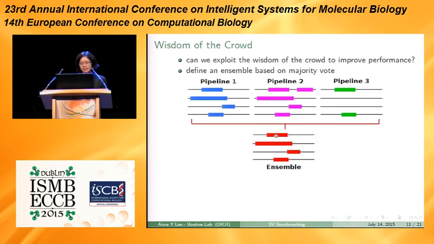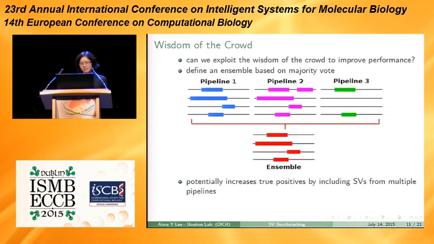So this SV region is covered by all 3 pipelines here, and so it's included in the ensemble set. This one is only covered by 2, but that's still a majority, so it's also included. This region is only identified by pipeline 2, and therefore it will not be included in the ensemble set.